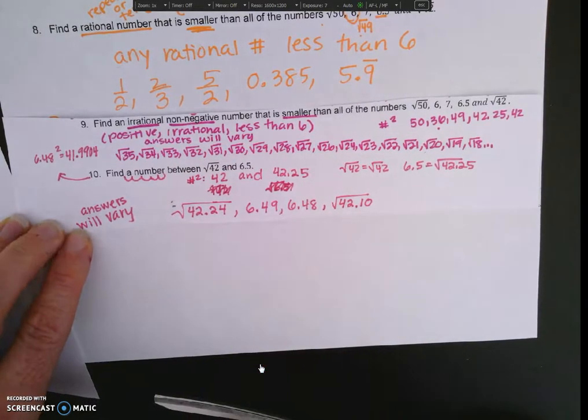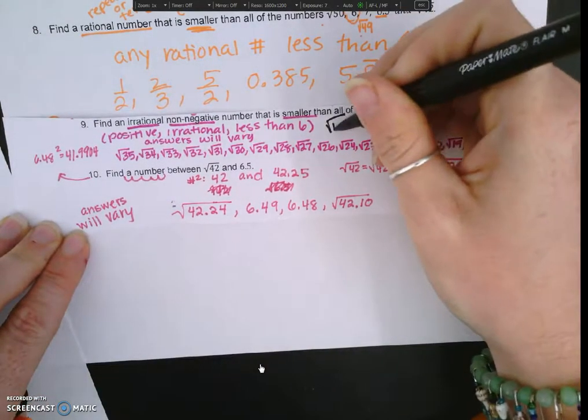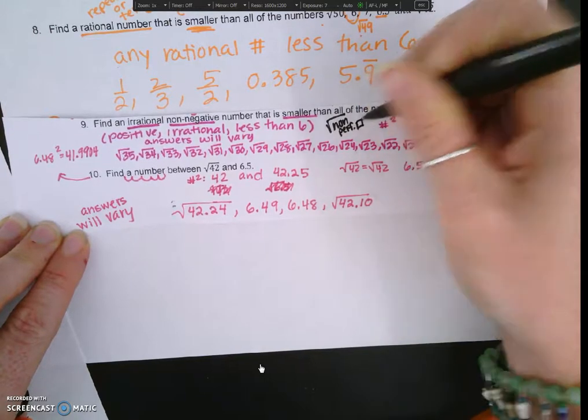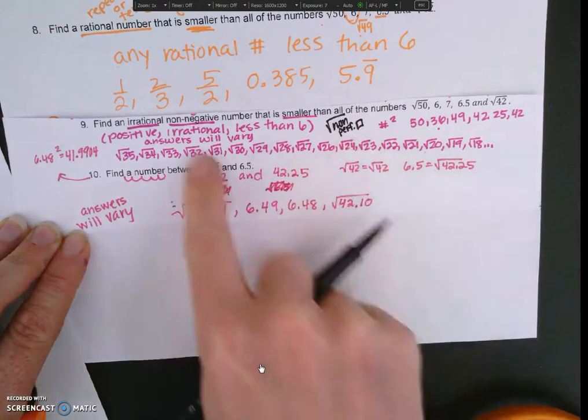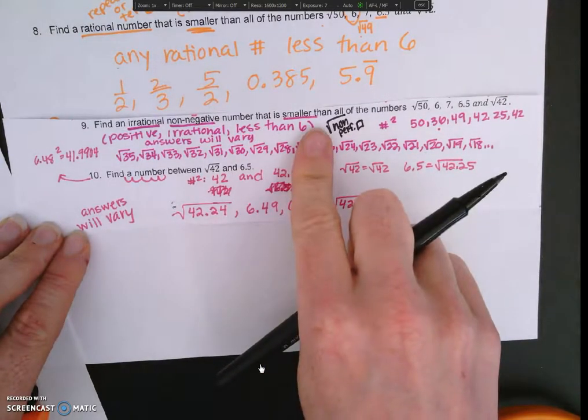One thing that I think of when I talk about an irrational number is always the square root of a non-perfect square. If you take the square root of a non-perfect square, it's definitely irrational. So here, I know it needs to be less than 6.